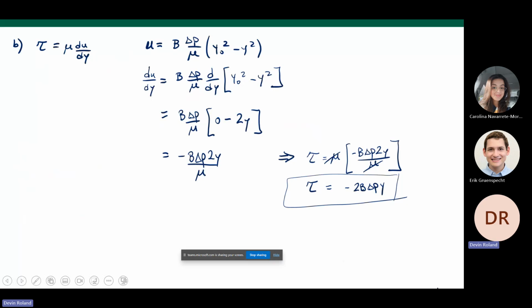This is just using that fundamental shear equation and then doing the calculus there and plugging it in. All right. I'll leave it up there for a couple more seconds if you want to write anything down, and then I'll switch the page.